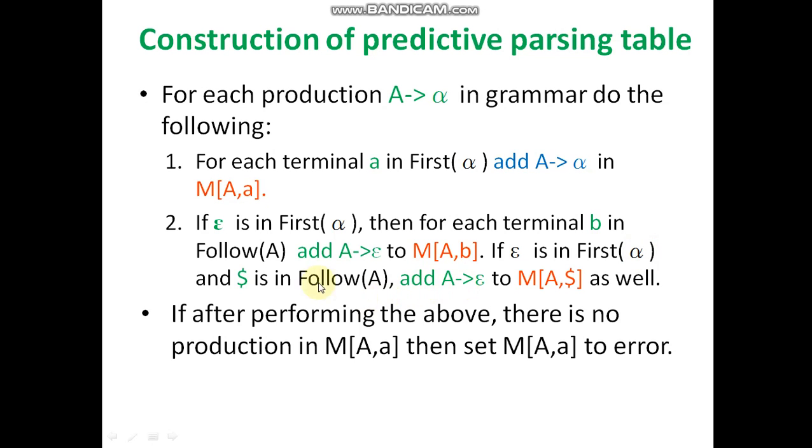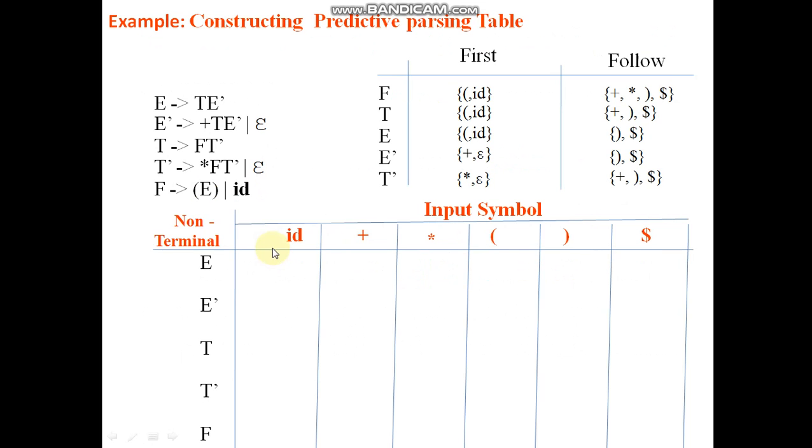If epsilon is in first of alpha, obviously here alpha is epsilon, so epsilon is present in first of epsilon, and dollar is also present in the follow of E dash. Therefore we can add A gives epsilon, which means E dash gives epsilon, into the E dash row and dollar column, and for all the terminal symbols in the follow of E dash.